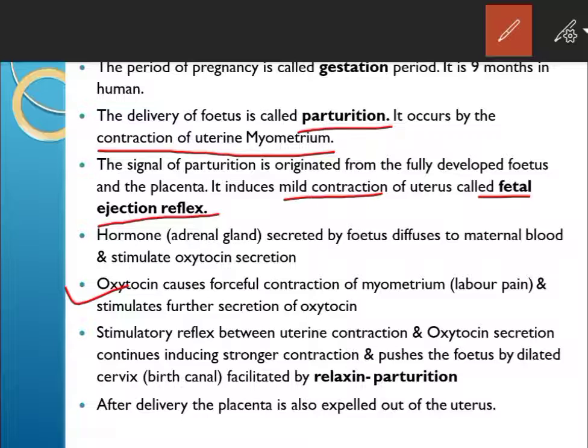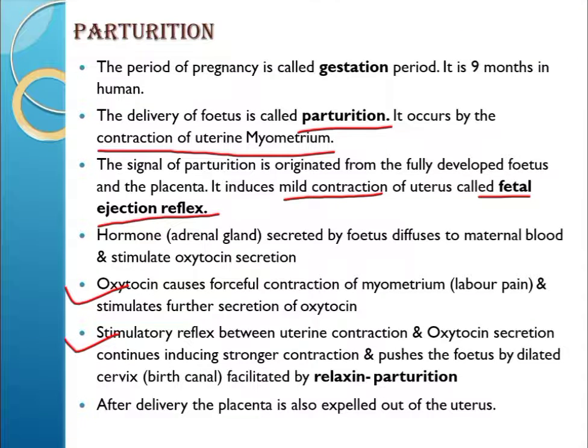Okay, and the stimulatory reflex between the uterine contraction and oxytocin secretion continues, resulting in stronger contraction. This leads to the expulsion of the baby out of the uterus through the birth canal. And soon after the birth of the baby, the placenta is also expelled out of the uterus. Relaxin hormone relaxes the pelvic ligaments of the mother to prepare for childbirth.